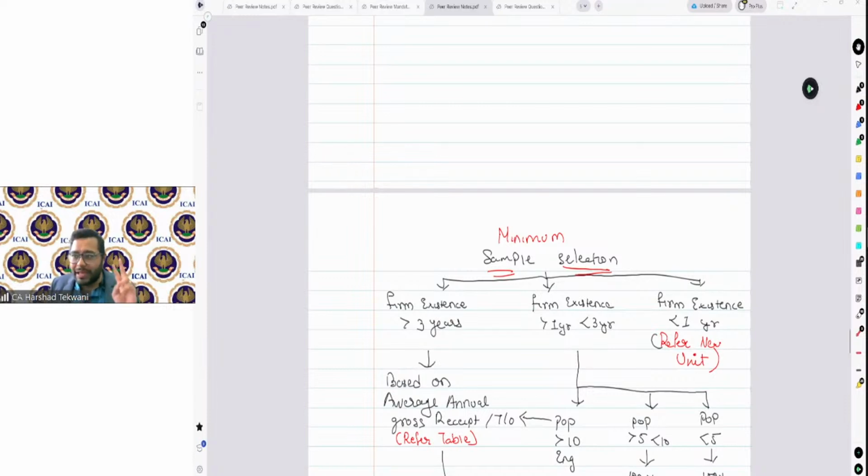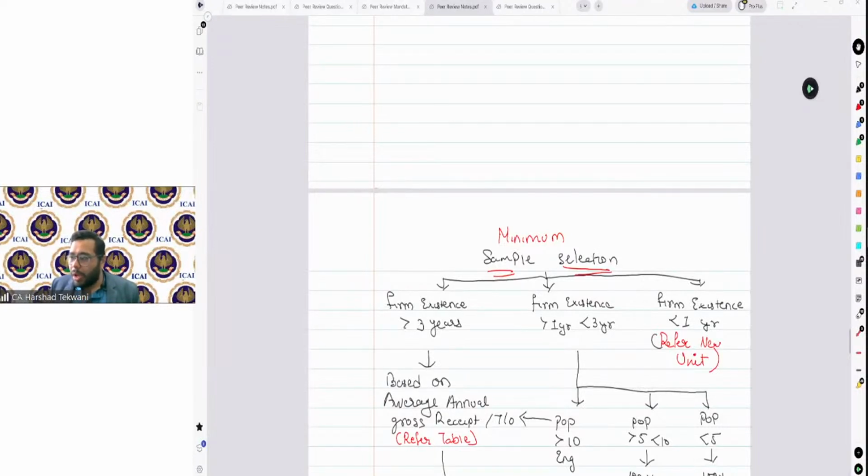Now, there are two things I still need to cover in peer review. Number one is the qualification of the peer reviewer. What are the qualifications required to be a peer reviewer? There are separate detailed guidelines given in the peer review guidelines on this particular part.